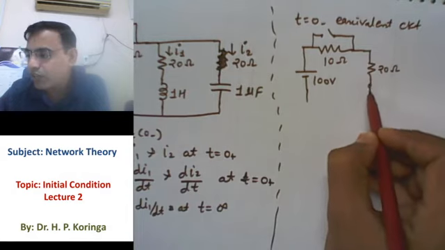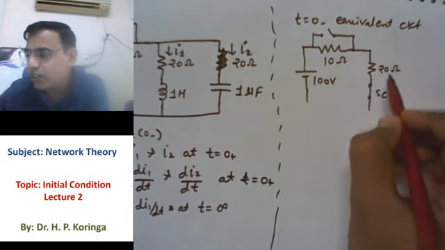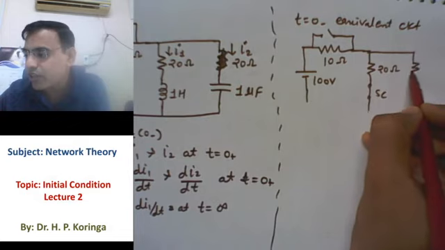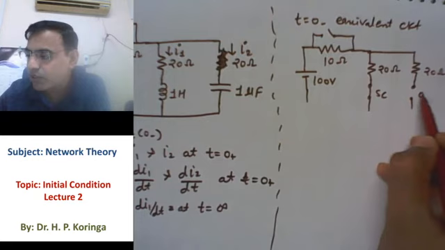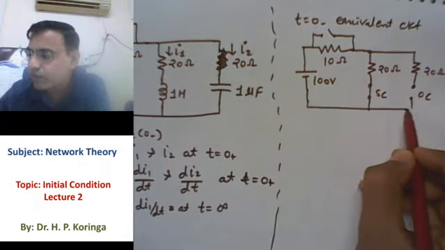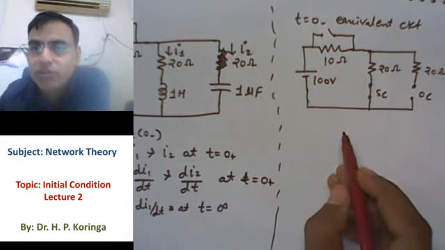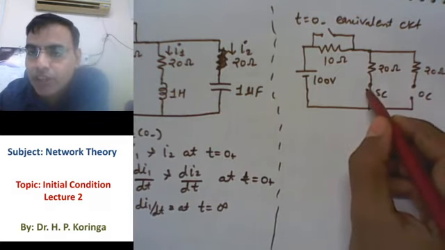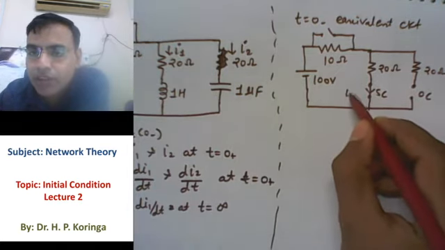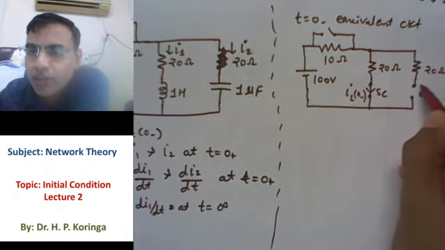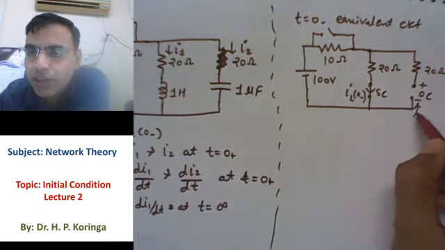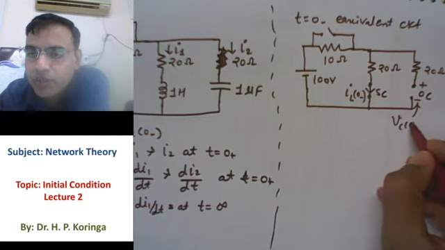The inductor works as a short circuit at steady state, and the capacitor works as an open circuit at steady state. So the capacitor's equivalent circuit is an open circuit. This is the network at t = 0⁻ time, and whatever current flows here is IL(0⁻), the current passing through the inductor at t = 0⁻, and the voltage across this open path is nothing but Vc(0⁻), the voltage across the capacitor at 0⁻ times, right?